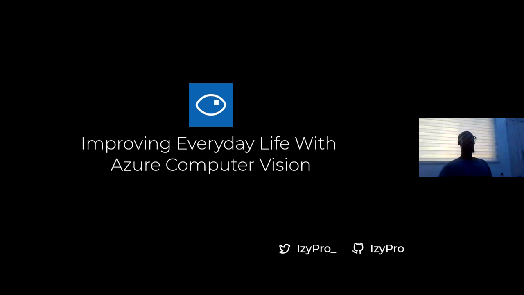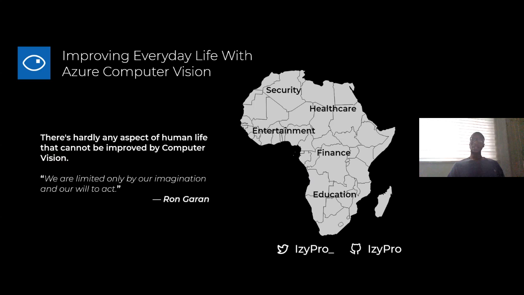Basically, you think about all you do every day and say, if this problem persists, how do I use Custom Vision to solve this? Or you look at the problem and say, if I had computer vision, I could solve this, and this will make our everyday life easier. So let's just get in: improving everyday life with Azure Computer Vision.